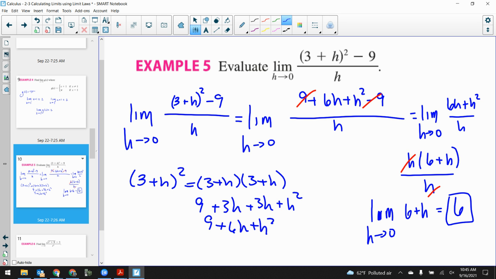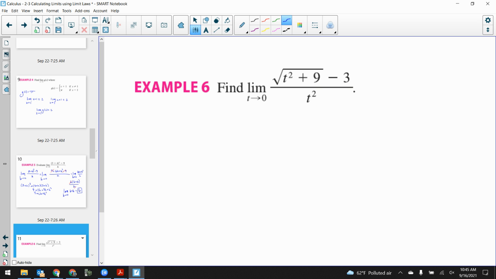Okay, this next problem is going to be a little tricky. I would recommend writing down this problem because you're going to need to use this technique later on, especially in your assignment. I believe there are problems in your assignment that use this technique. We had this problem in the last section, section 2.2.